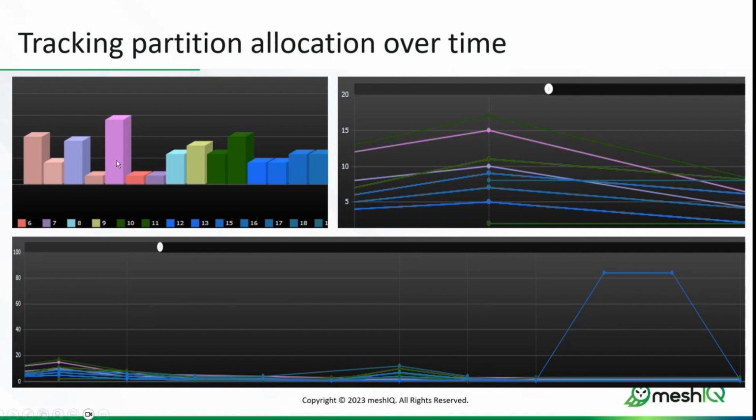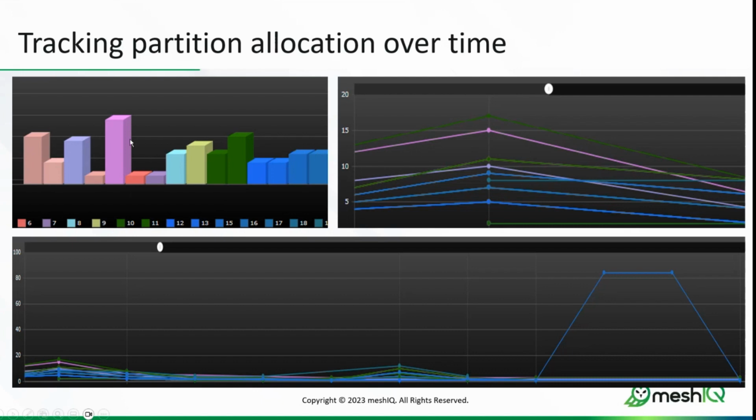But here are some examples of that. It's hard to get a good screenshot that shows how this is being used, but here we've got a nice little chart of partition usage over time. The scale is the number of messages put into that partition over time, so we can see that trending.